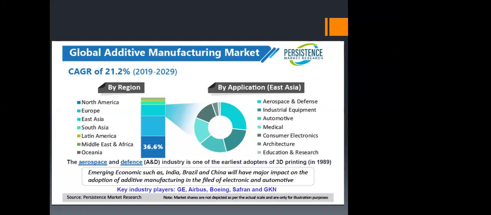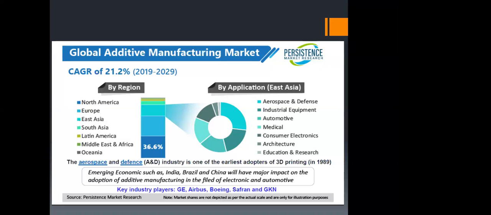Specifically, the aerospace and defense industry is one of the earliest adopters of 3D printing technology, since 1989, and different components successfully made through these techniques are used in aircraft and defense equipment.